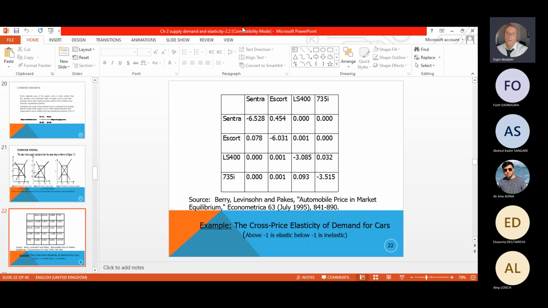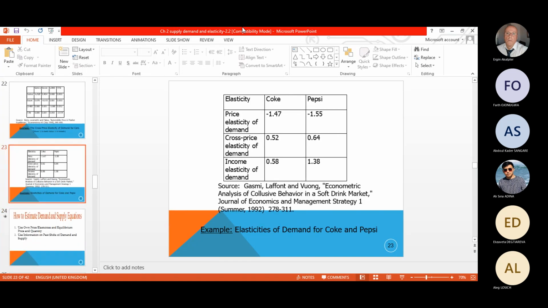As you see, between similar products we have elastic demand, and where preferences are affected by quality and standard, the elasticity becomes a little bit rigid, which is inelastic. And Coke and Pepsi are also given here. If the price elasticity of demand is affected, then there is, of course, elasticity for Coke and Pepsi together, a cross price elasticity of demand.